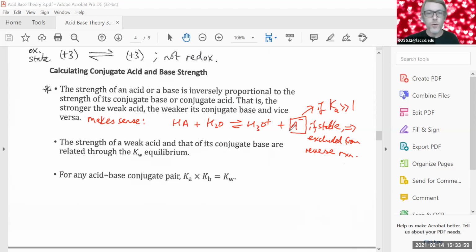If we were to just do a quick summary now, we've done this several times, but let's keep adding. So I'll do it for acidity, but you could do it for basicity as well.